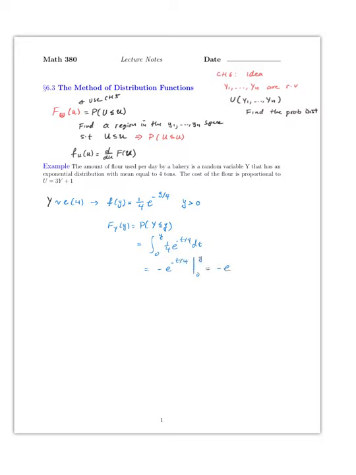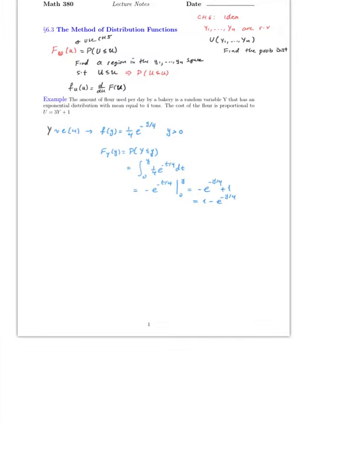So this will be minus e to the minus y over 4 plus 1, or just 1 minus this. So this is the distribution function for Y.